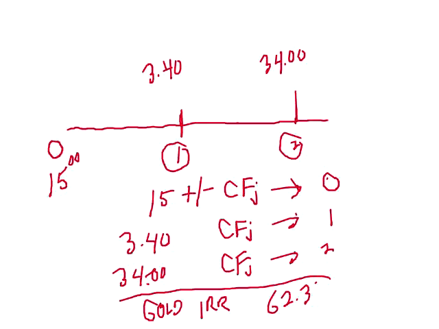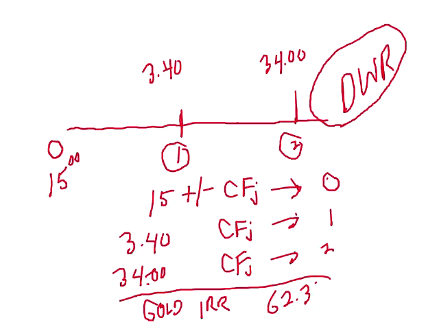So when the number of shares and dollars invested is different each year, the only way to appropriately determine the rate of return is what they call the dollar weighted return, DWR, also known as the internal rate of return method.